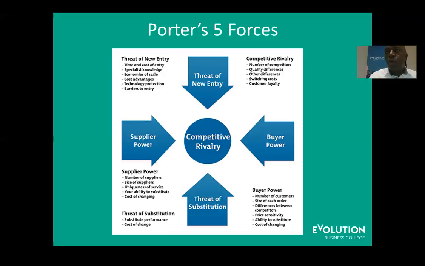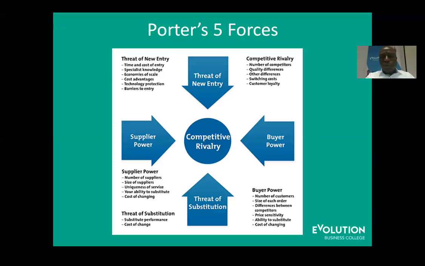Motor industry, what is the cost of entering into that marketplace? Because it takes time. There are some industries where it might take you 3, 4, 5, 6 years to actually get a foothold in that industry. So look at how difficult is it to get into that industry? How much does it cost to get a foothold in that industry?